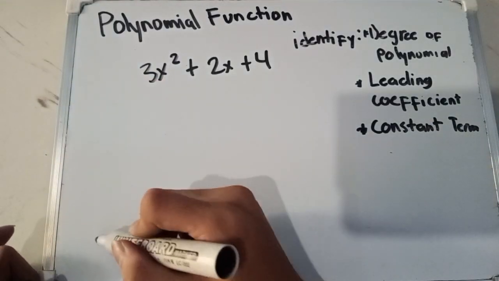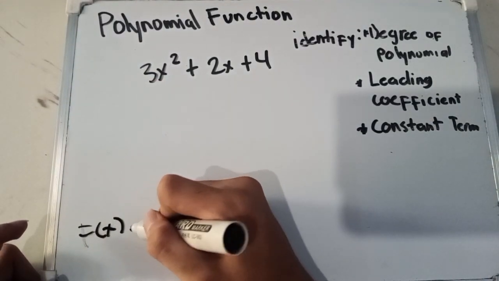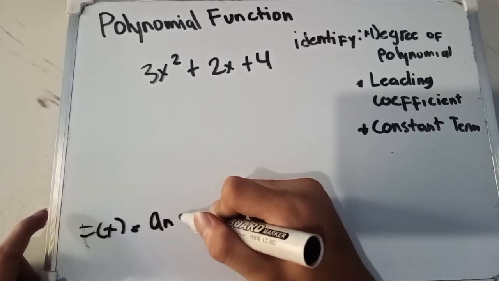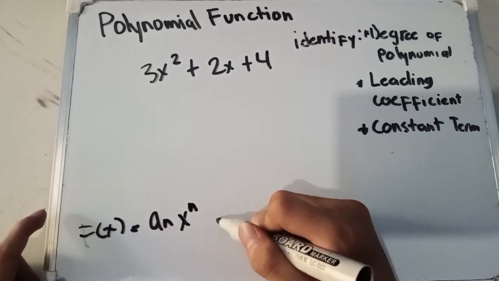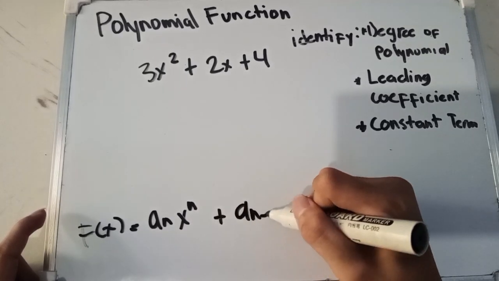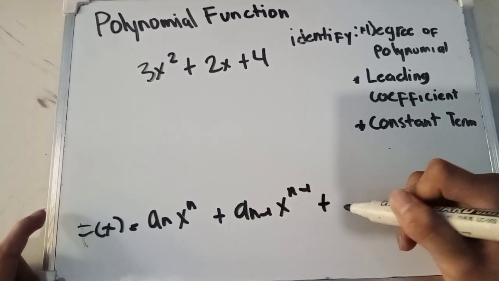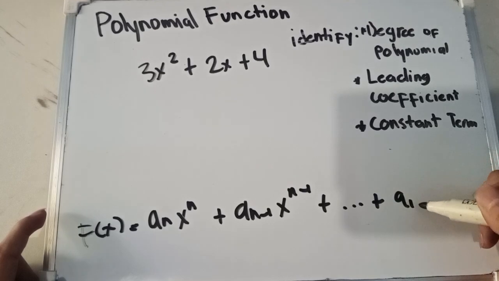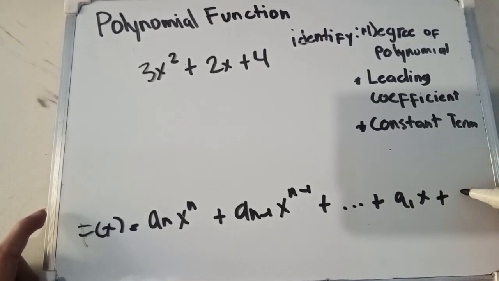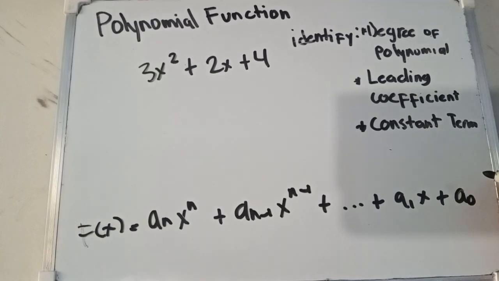let's write it here. So f of x is equal to a n times x raised to n plus a n minus 1 times x raised to n minus 1 plus a1 times x plus a0, or the constant term.